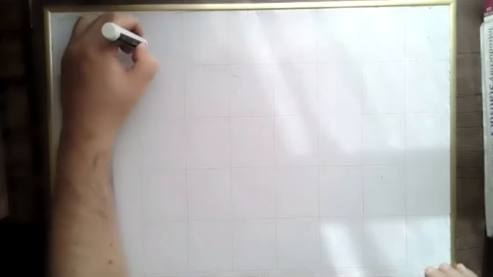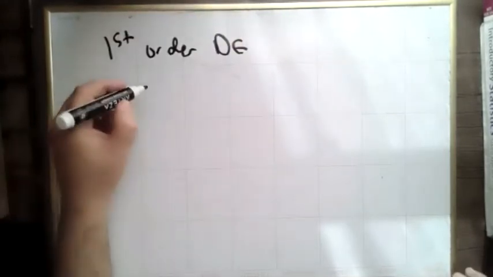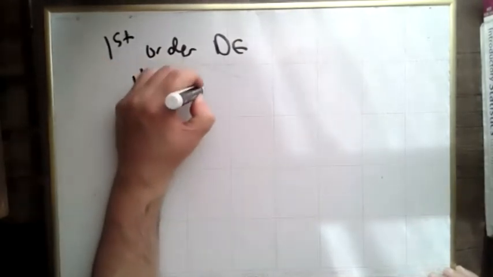Okay, so slope fields you can do in higher order, but for us, we're going to be doing first order DEs. So we'll have some first order DE, and we're going to have it in standard form, some y prime equals some function of x and y.